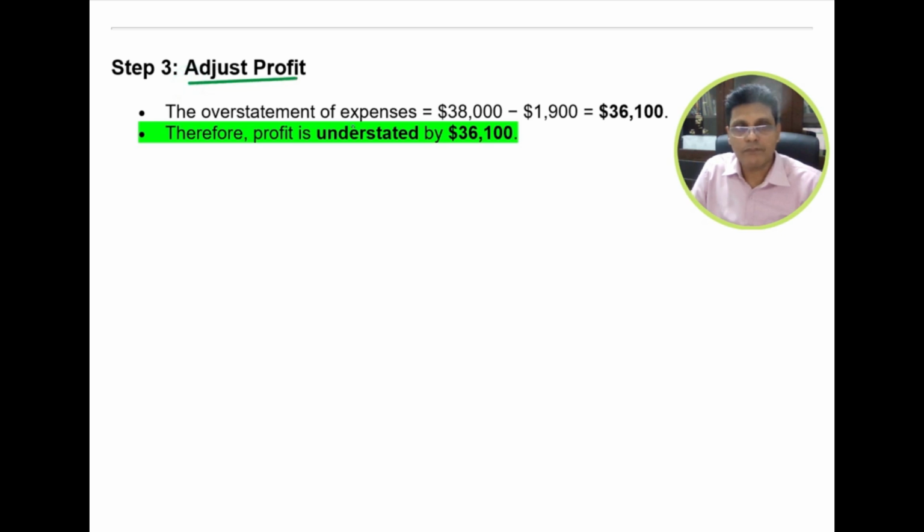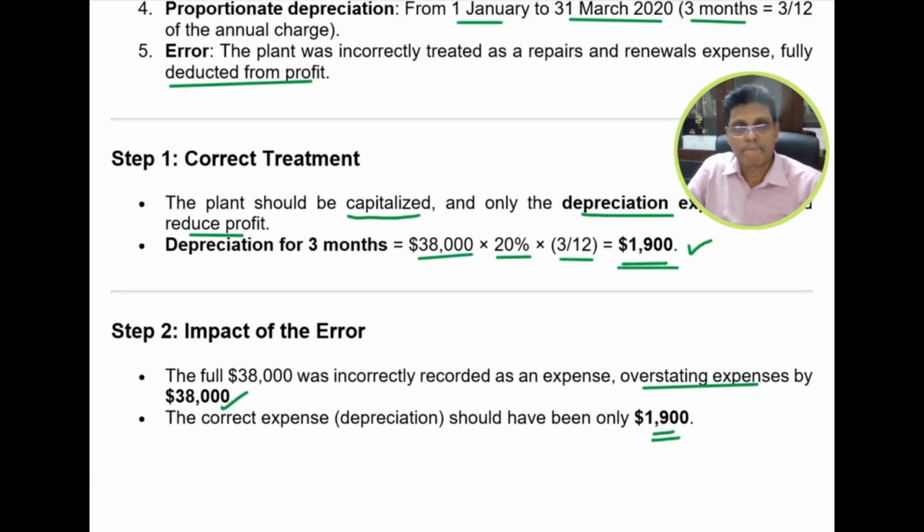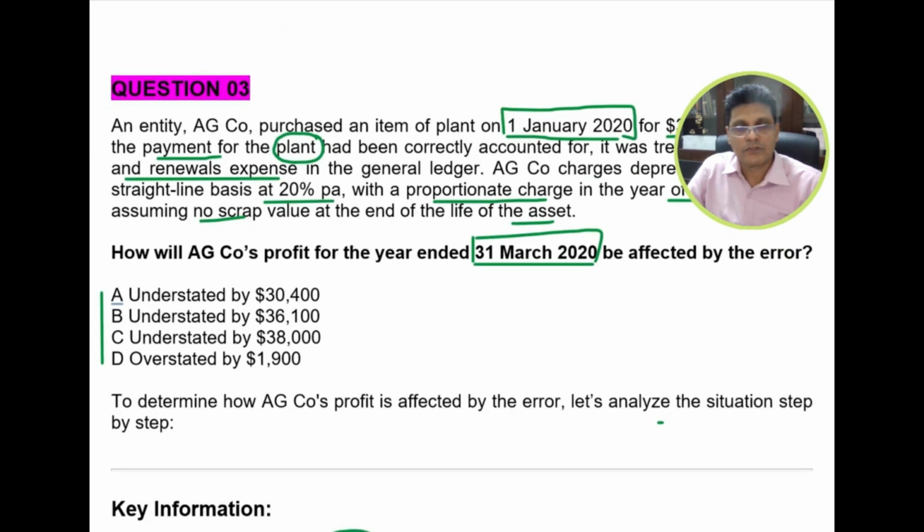The overstatement of expenses is 38,000 minus 1,900, that is the correct expense, which is the depreciation. So 36,100. Therefore the profit is understated by 36,100 and you have overstated the expenses by 36,100. So the correct answer should be that the profit is understated by 36,100.